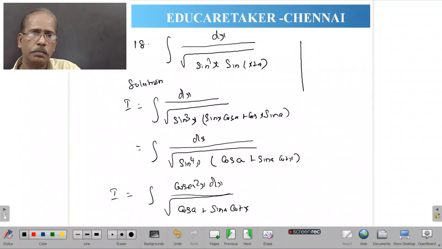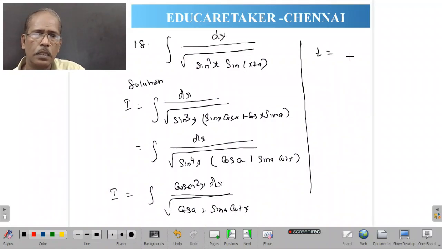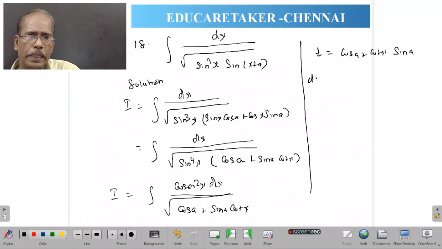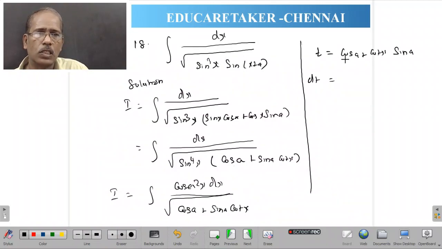Dear student, if we take t as the entire denominator within the square root, cos a plus cot x into sin a, what about dt? The derivative of cos a is 0, it is a constant.